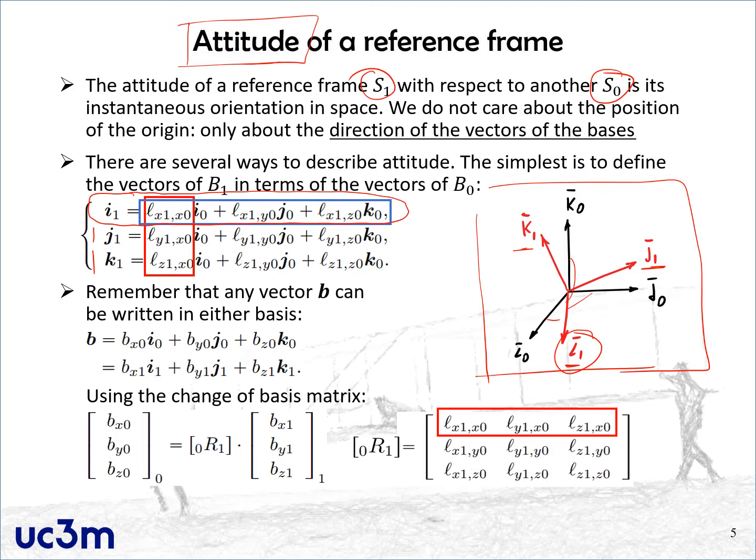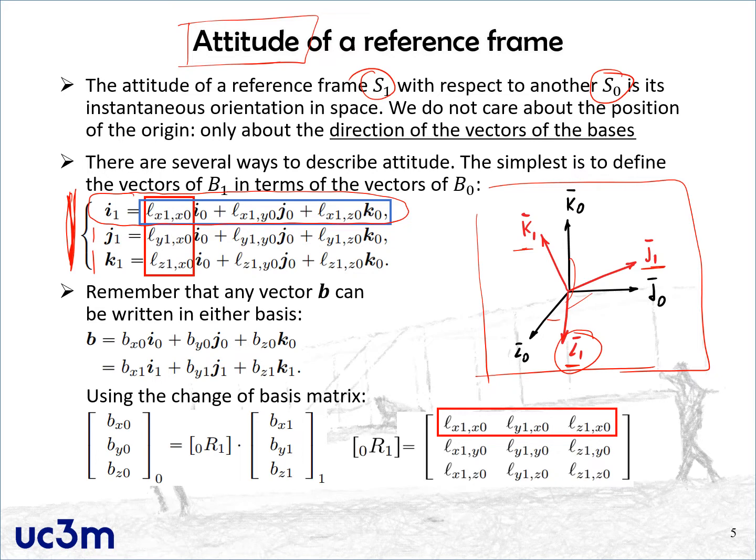So this is essential information that we need to provide if we want to establish or describe the attitude of one reference frame with respect to another. If we have the expression of the three vectors of one basis in terms of the other basis, we have all that we need to know. Related to this, there are, however, different aspects.